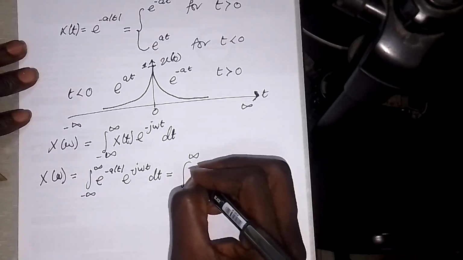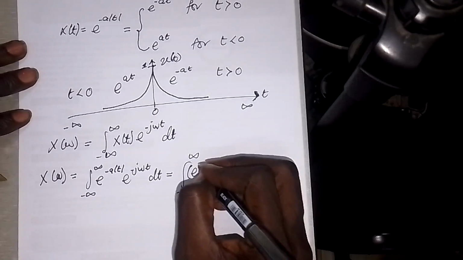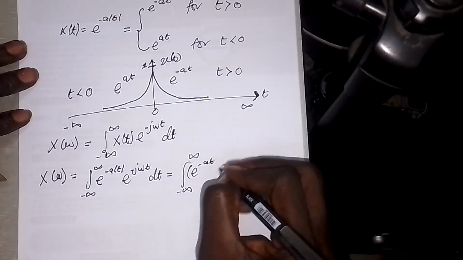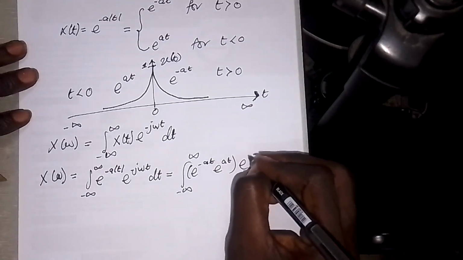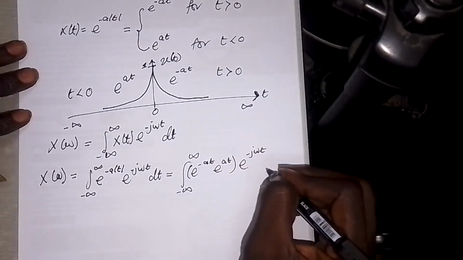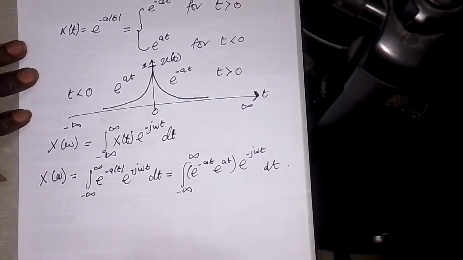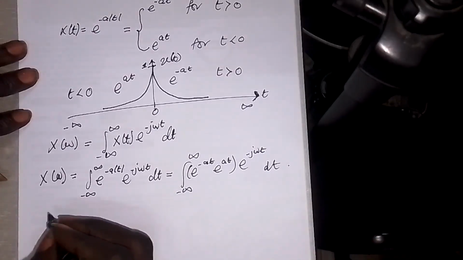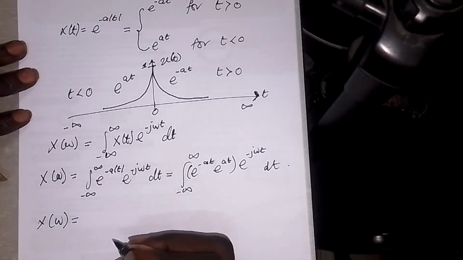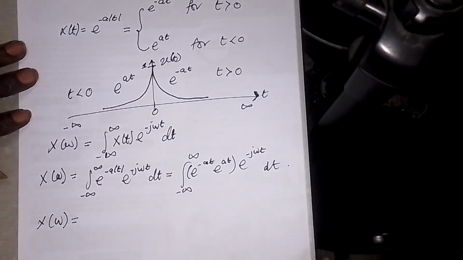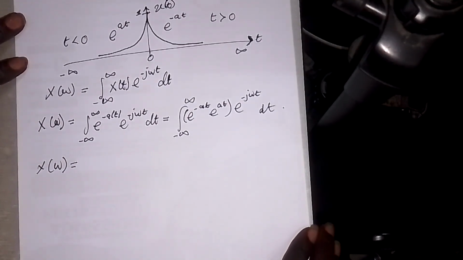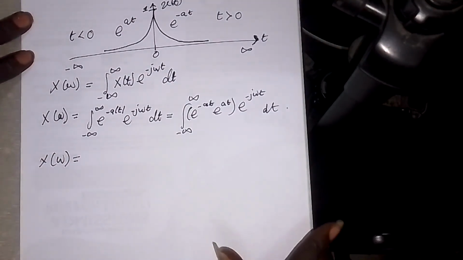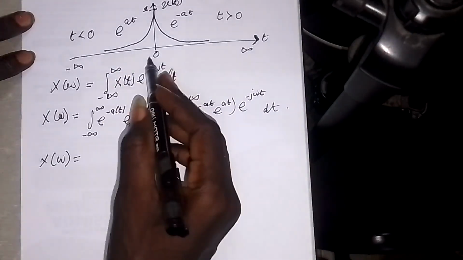If I split this, X of omega equals, if you check this place, it is from minus infinity to 0.